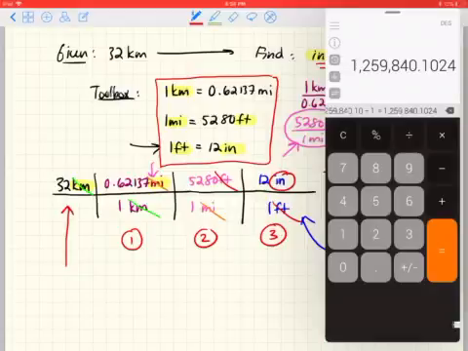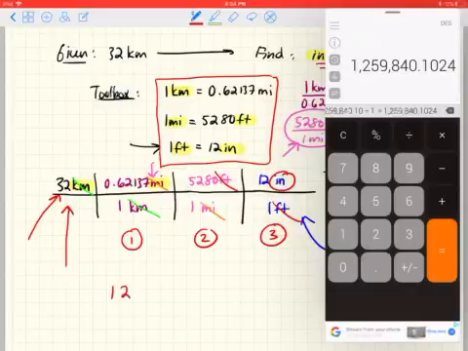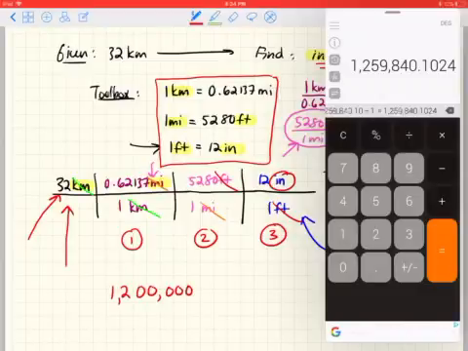As I look at all my numbers, I notice that my smallest or least precise number basically is 32, and that is 2 significant figures. So I'm going to round this to basically this number right here.